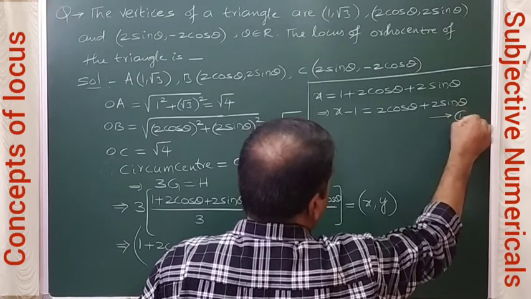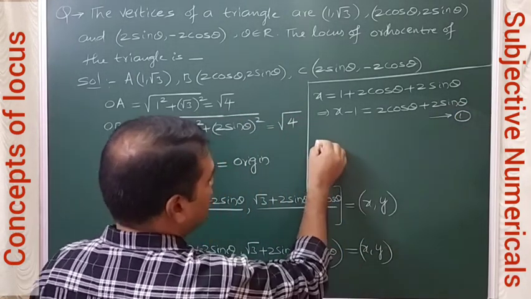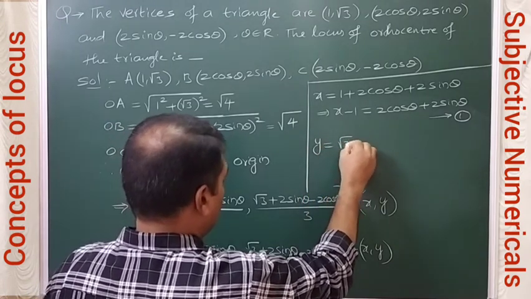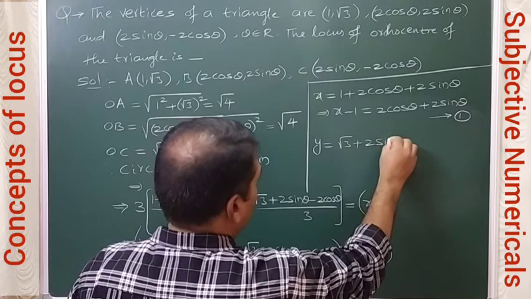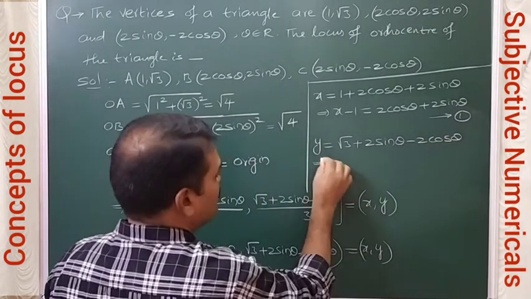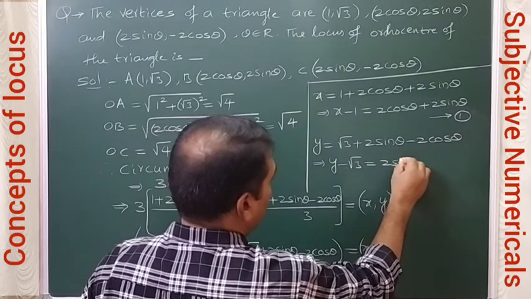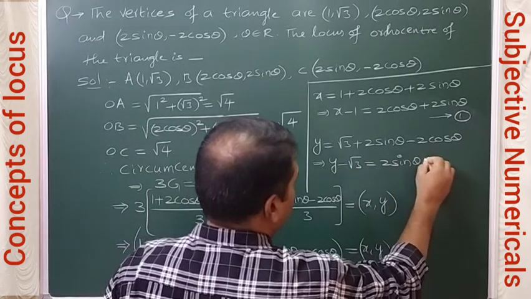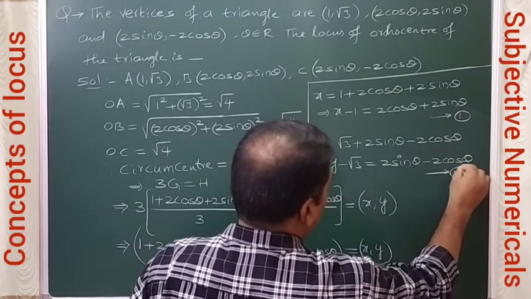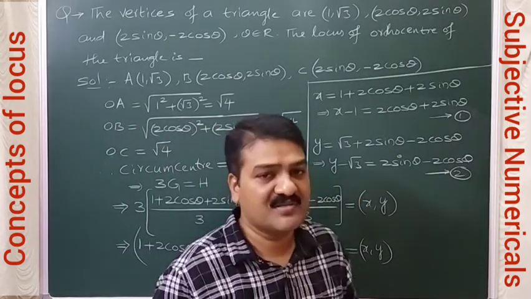Let this be 1. When we equate the y coordinates, we get y is equal to root 3 plus 2 sin theta minus 2 cos theta, so y minus root 3 is equal to 2 sin theta minus 2 cos theta. Let this be 2.